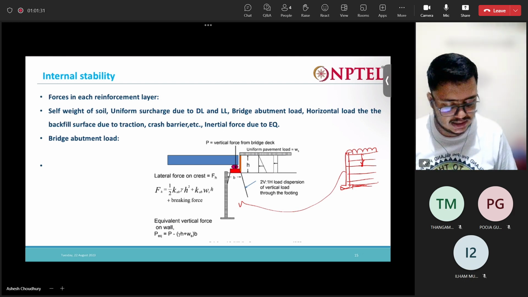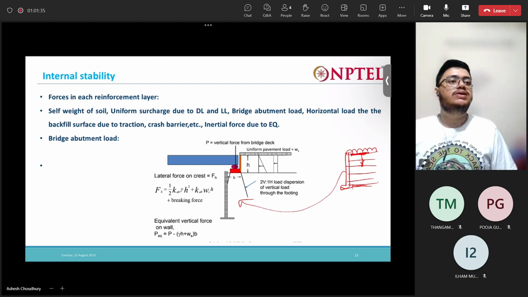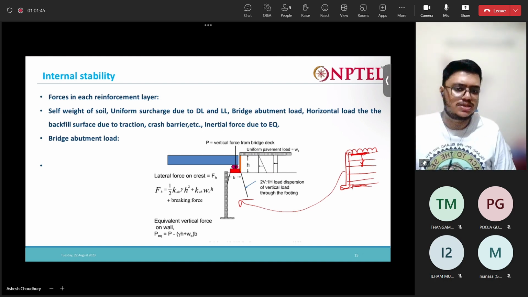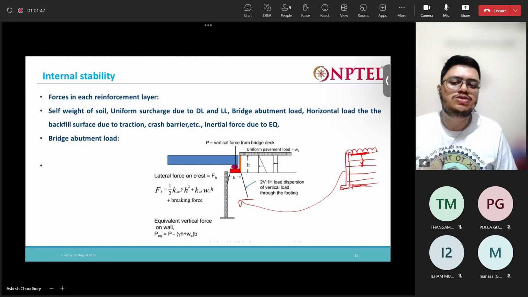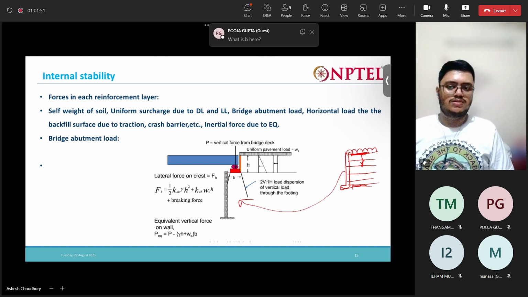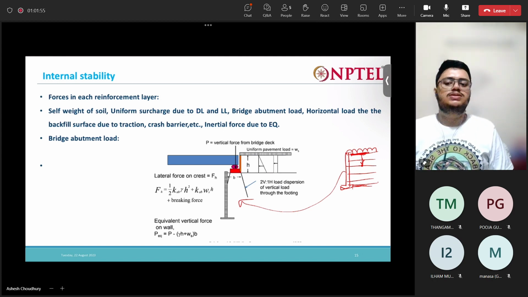Traction means what? Say at the top you have railway tracks, and there is some movement. Due to that, there is traction on the surface. That tractional force also causes some load on the reinforcement, so we also need to consider that.